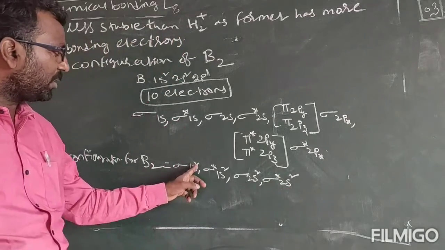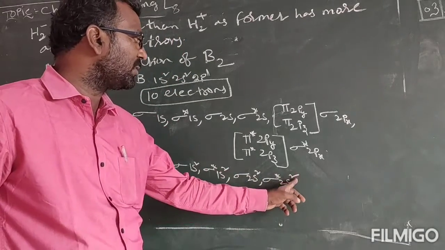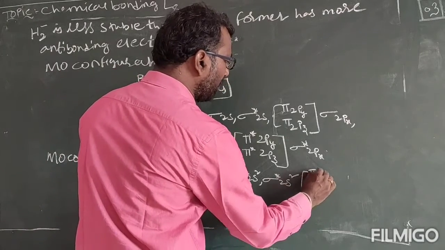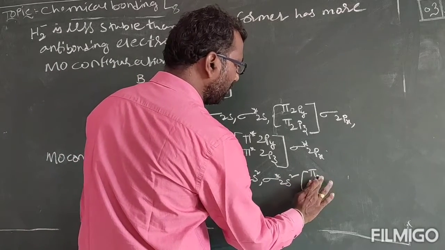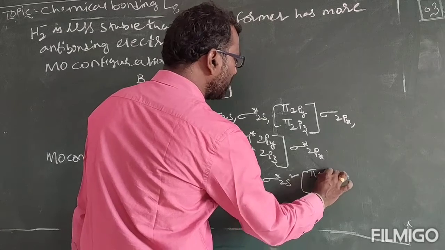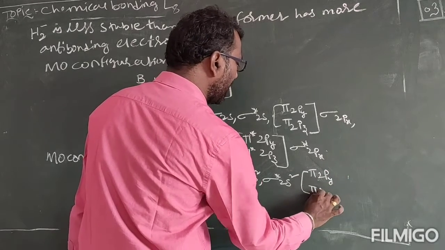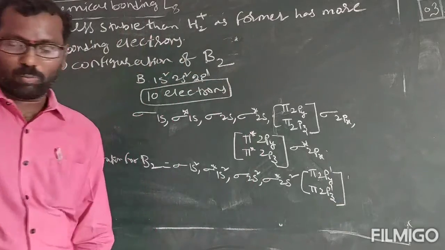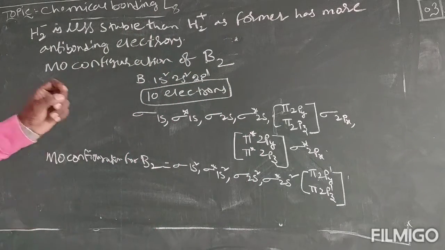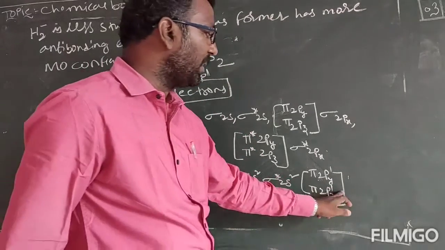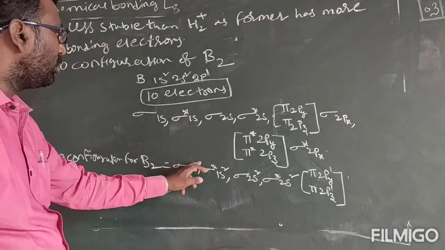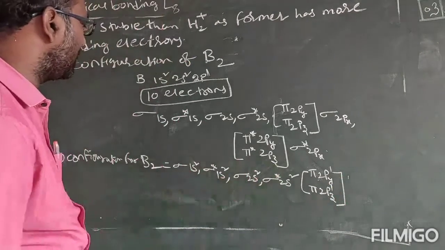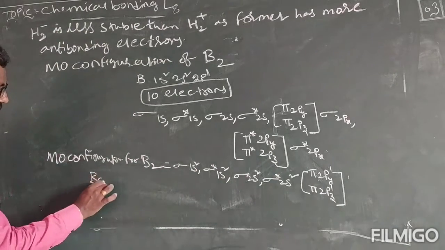Total how many completed? 2 plus 2 is 4, 2 more is 6, plus 2 is 8. Still it enters into pi 2py and pi 2pz, 1 and 1. Is it or not? Why? It has to follow Hund's rule of maximum multiplicity. So now 2 plus 2 is 4, 4 plus 2 is 6, 8, 9, 10. Finished.